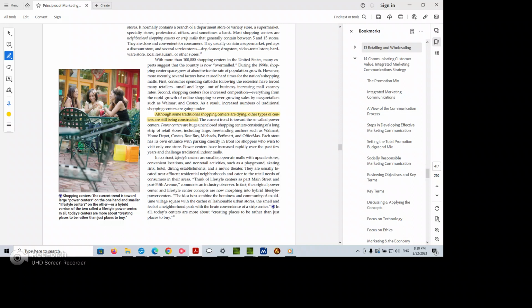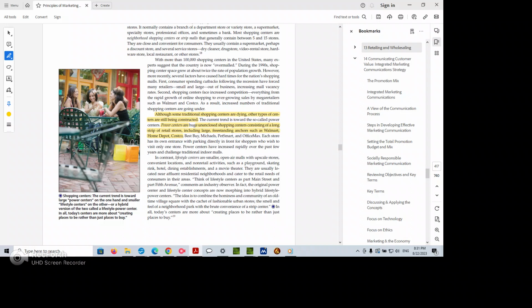The current trend toward the so-called power centers are huge unenclosed shopping centers consisting of a long strip of retail stores, including large freestanding anchors such as Walmart, Home Depot, and Costco, Best Buy, Michaels, PetSmart.